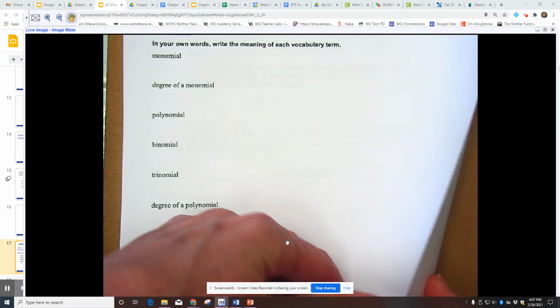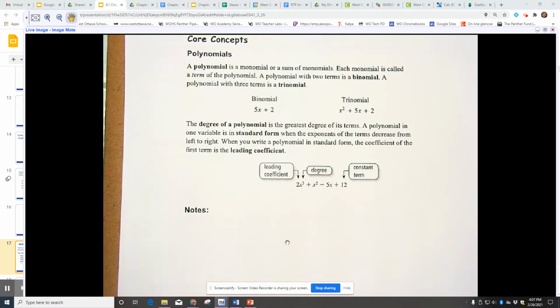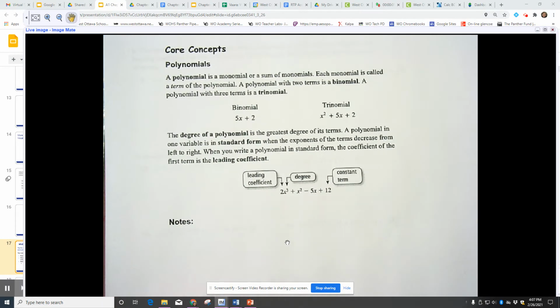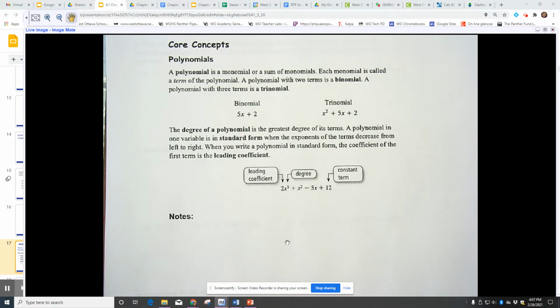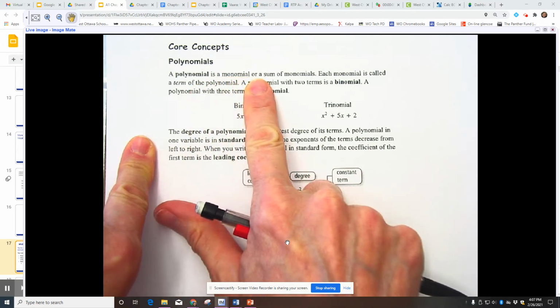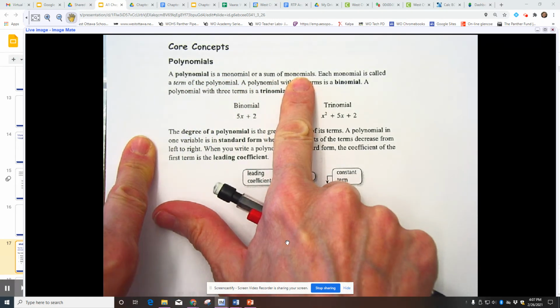So turn over to, wait a minute, page 207 for me. Looks like that. Okay, a little more definition of some vocab on this page, although some of it we already talked about. So this says a polynomial is a monomial or a sum of monomials.